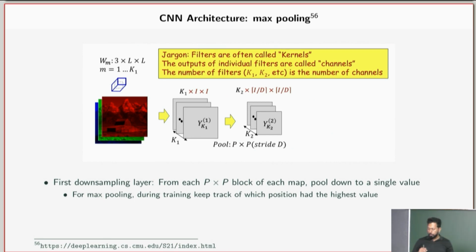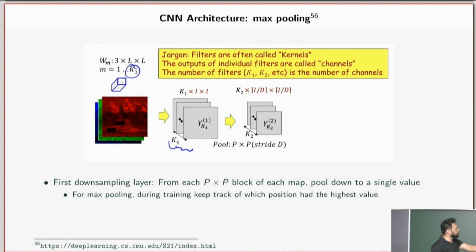So another thing to note is, in this case, let us say we have K1 filters, right? M goes from 1 to K1. So that's why you see the output is also K1 matrices, because each matrix comes from the scan done by one filter, or neuron. So that's why your output will necessarily be K1, because K1 filters scanned.